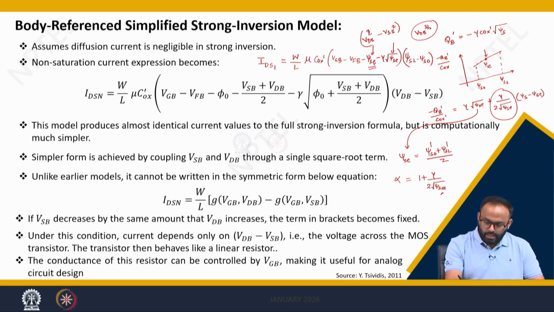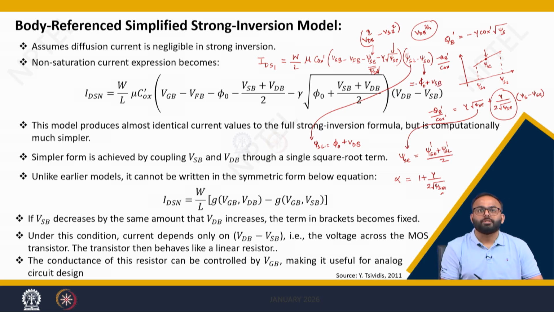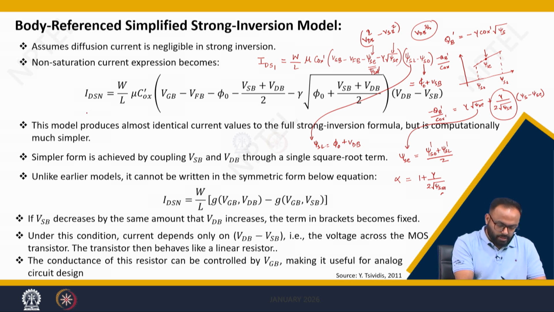Psi s e is psi s m when we talk about body reference. Here psi s l is nothing but phi naught plus VDB, and psi s 0 is nothing but phi naught plus VSB, which we have already discussed in previous lectures. Correct? Keep these values in this equation, you will get this equation.